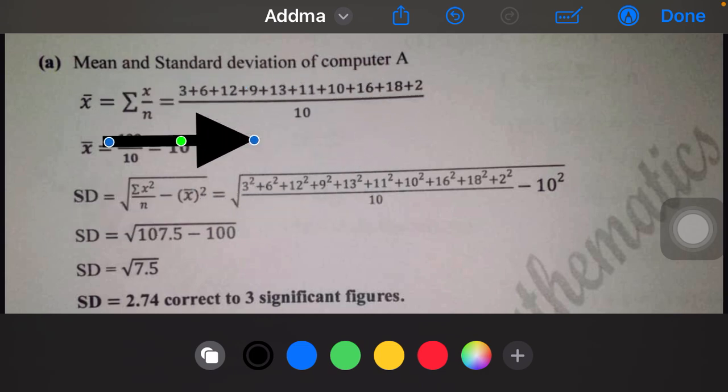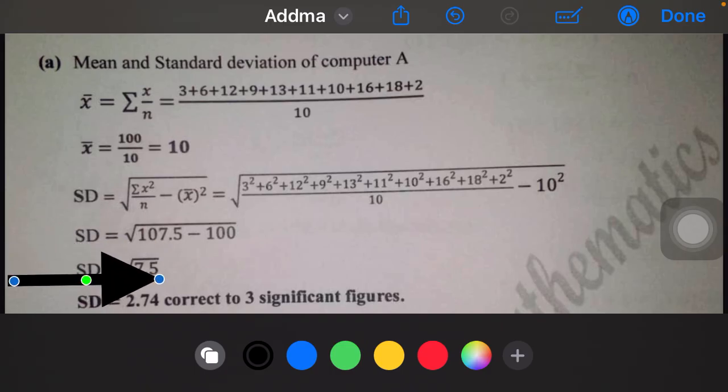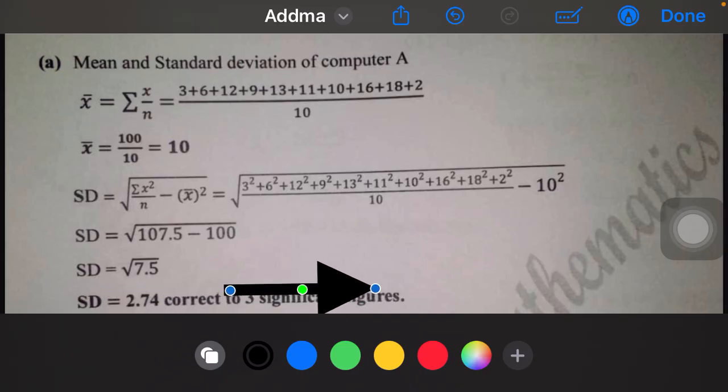Doing the same thing as for the mean, just apply the power 2. Then you divide by 10. That's where this 107.5 has come from. Then after finding the difference, subtracting here, you're going to get 7.5. After I get 7.5, the square root of the same number is going to give you 2.74, correct to 3 significant figures. That's what I'm trying to mean.